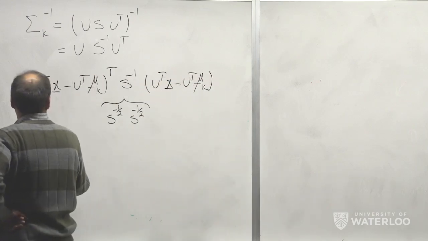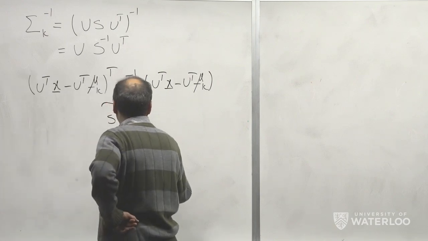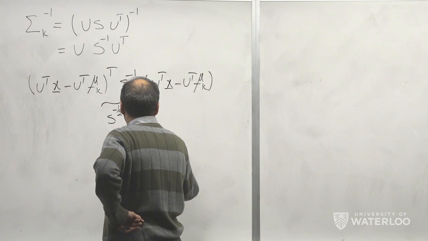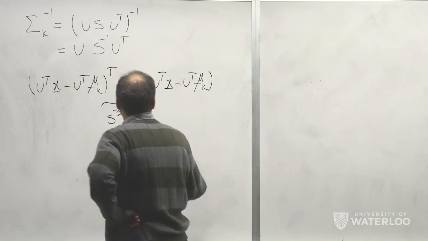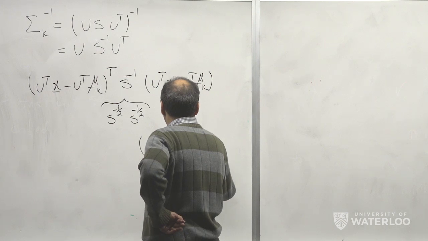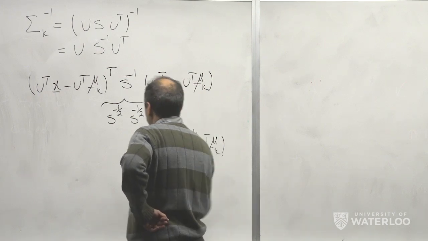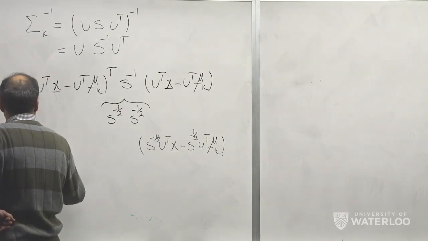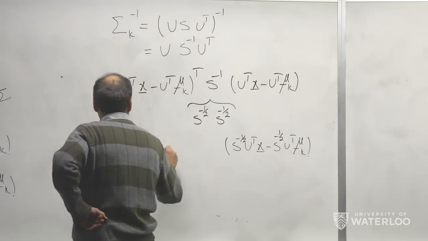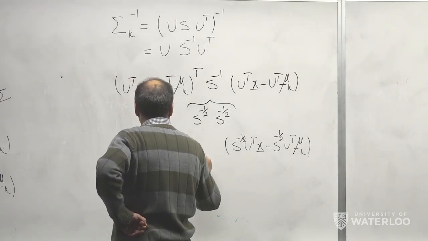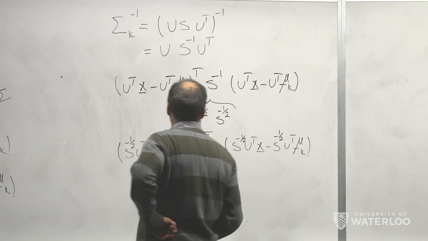So this quantity basically is going to be (S^(-1/2) U transpose X minus S^(-1/2) U transpose mu K) transpose (S^(-1/2) U transpose X minus S^(-1/2) U transpose mu K).